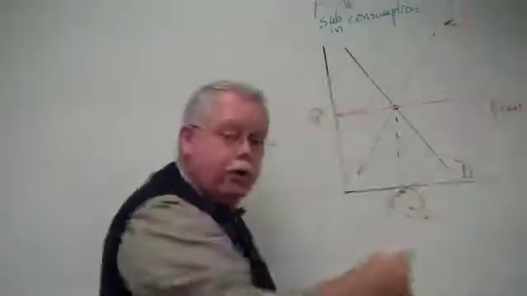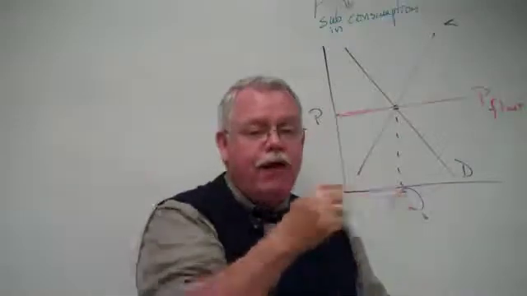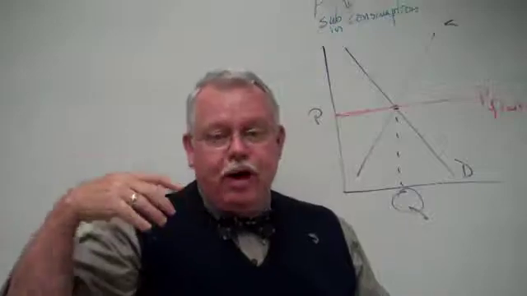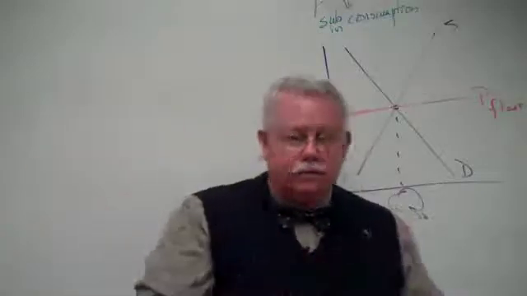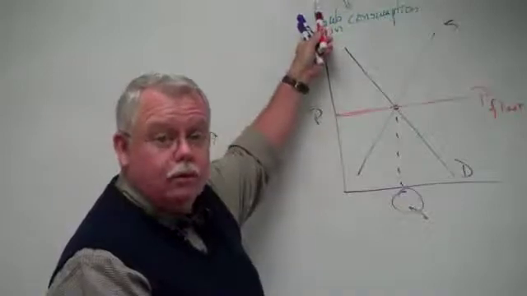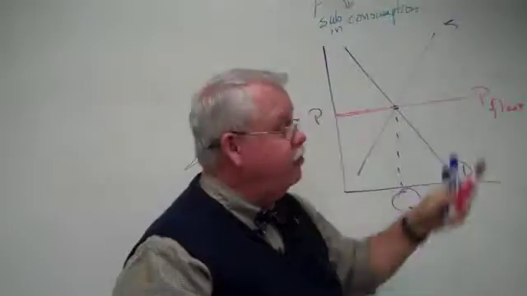How will that affect this market? Substitutes in consumption: you can buy this one or buy that one, right? You can buy a Chevrolet or you can buy a Ford. Well, if the price of one falls, people buy more of it, and so they buy less of the good in question.